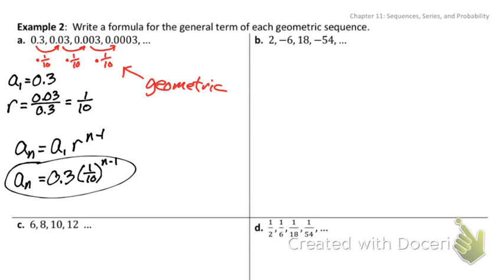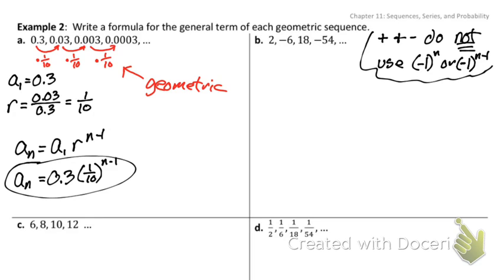All right. So look at this one. It is alternating between positive and negative. So if I have plus and minus, do not use negative 1 to the n or negative 1 to the n minus 1.